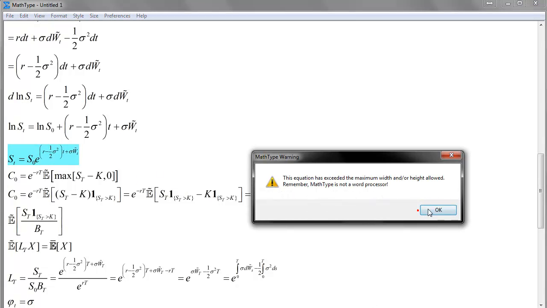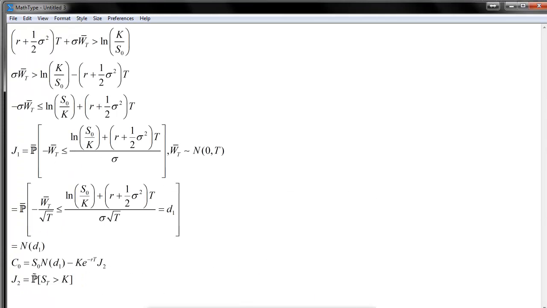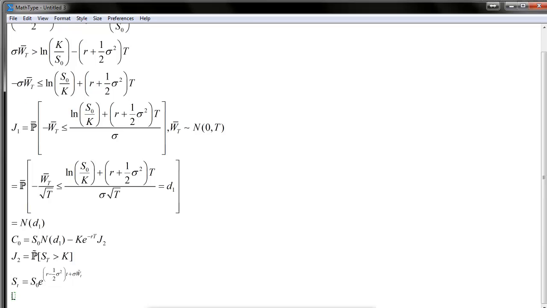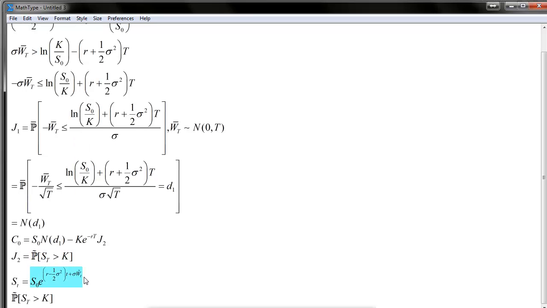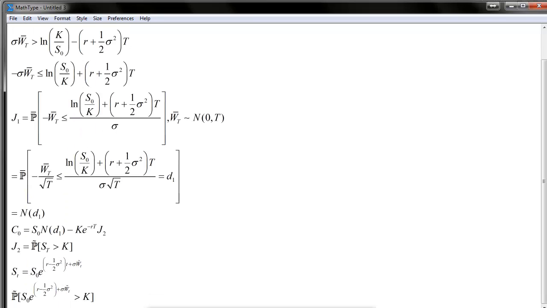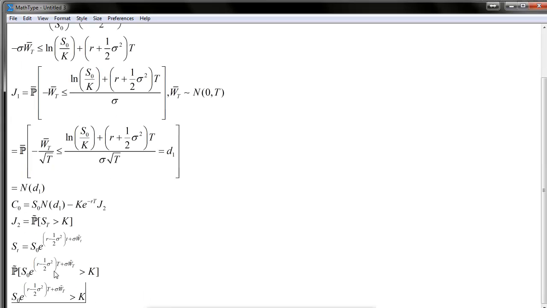You can see that it's the Wiener process under that measure. So it's actually equal to this probability, just change the t to big T. Again I'm going to tackle the inside of the square brackets.